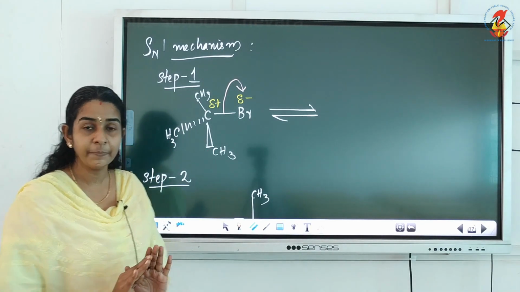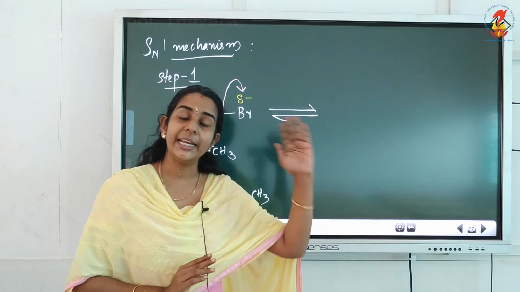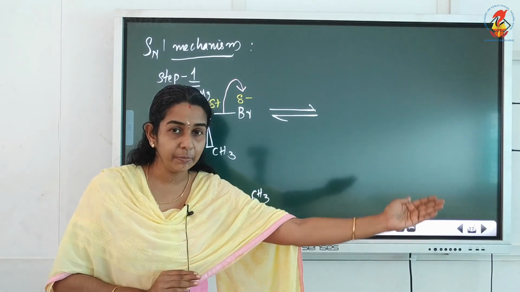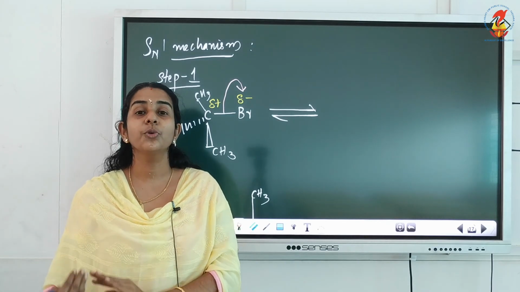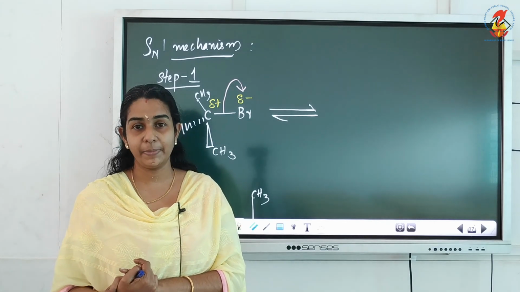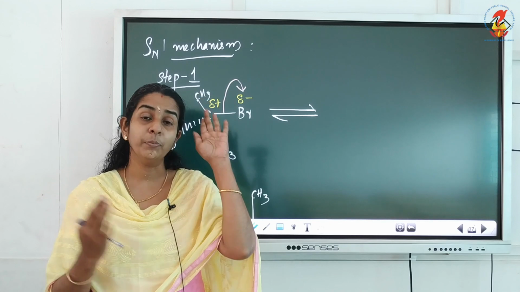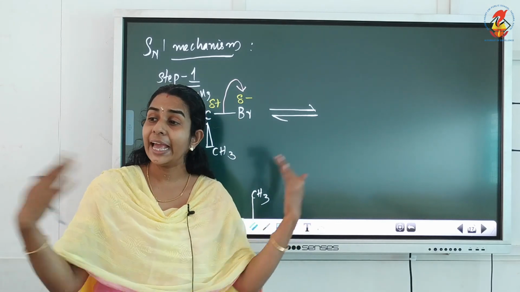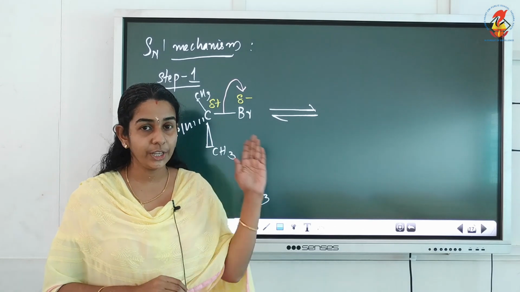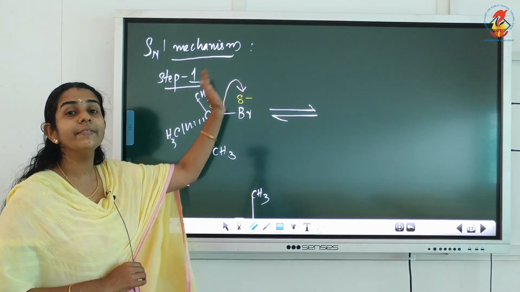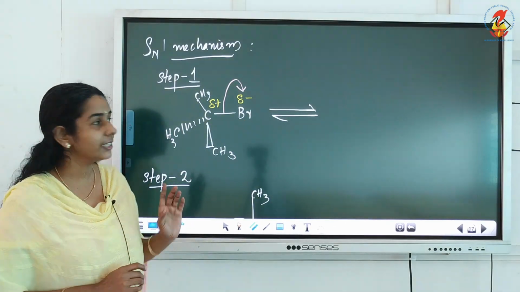But here, in the first step, the leaving group goes with the bond pair, and only in the second step does the nucleophilic attack take place. In SN2, both leaving and attacking take place simultaneously. Here, the leaving of the leaving group takes place as the first step.